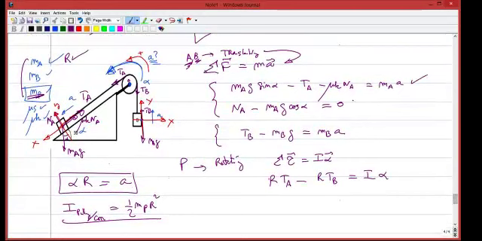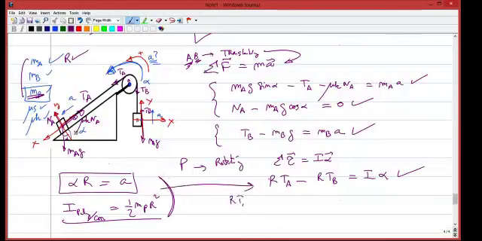You have 1, 2, 3, 4 equations for 4 unknowns with those 2. So as you substitute those 2 here, you have R TA minus R TB is equal to 1/2 mass of the pulley, radius squared, and alpha is A over R. Look what's going to happen.